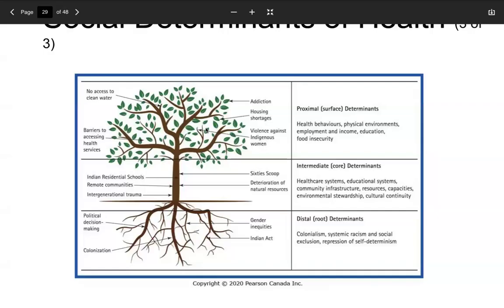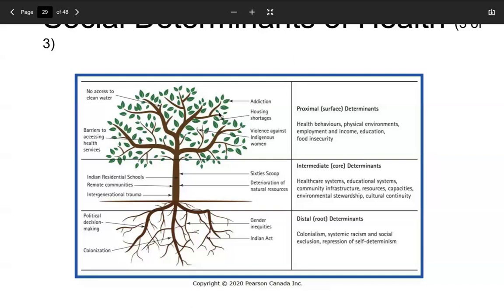This is usually the issues that you're gonna see as a nurse, as a community health nurse, that you see first when you're working with the Indigenous community. So you might see addiction issues, you might see no access to clean water, you might see a housing shortage, or even violence against Indigenous women. These are the things that you can actually see.